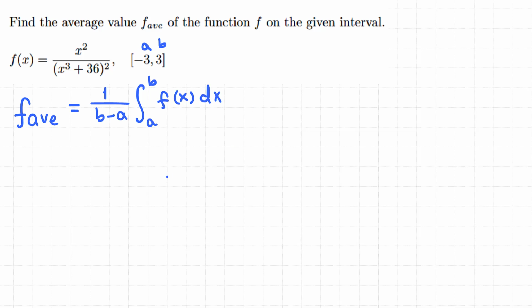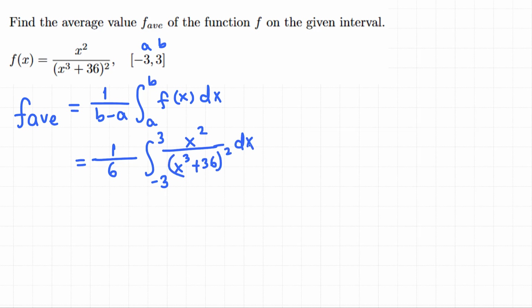That's the formula. For our case, 1 over 3 minus -3, which is 6, times the integral from -3 to 3 of x squared over (x cubed plus 36) squared dx.